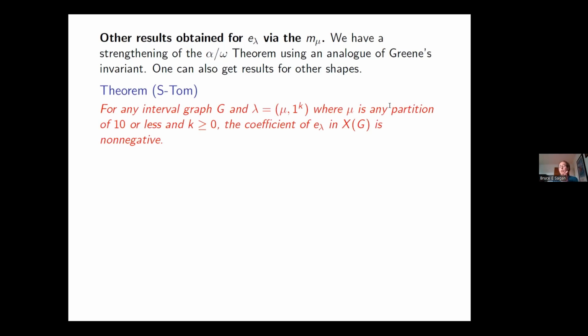Suppose I have an interval graph and lambda has the following form. It's some partition mu, of a number at most 10, and then add a tail in the first column, as many boxes of length 1 as you like. The coefficient of e lambda in X of G is always non-negative for these types of partitions.